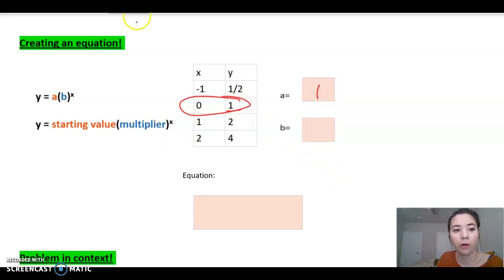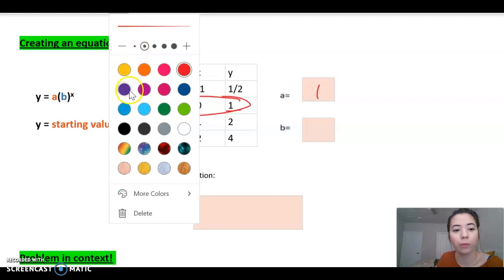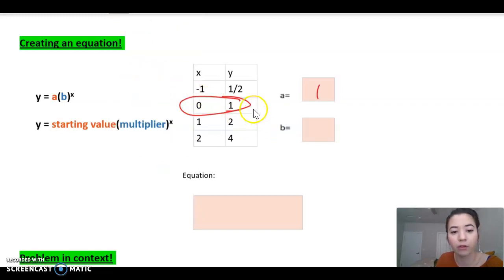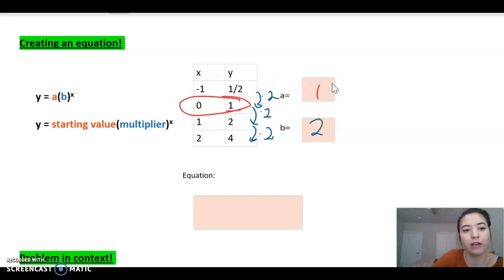And then we need to find our multipliers. So what we are multiplying by each time. Well, to get from 1 to 2, we multiply by 2. And 2 to 4, we multiply by 2. From 1/2 to 1, we multiply by 2. So there's my multiplier. Now we can go ahead and create our equation.